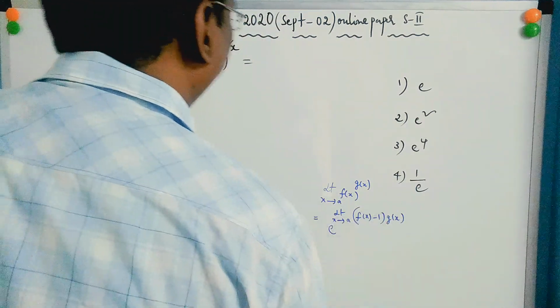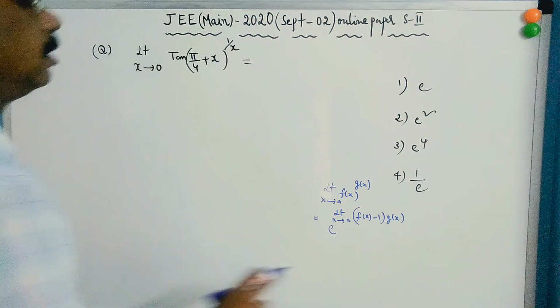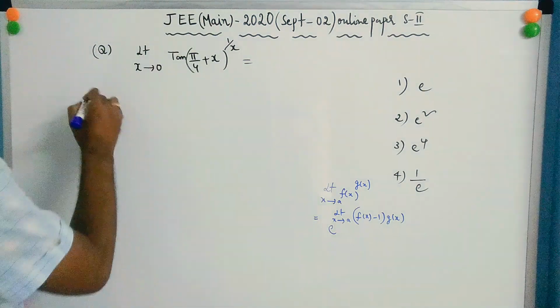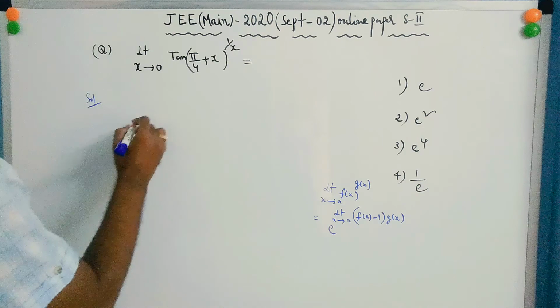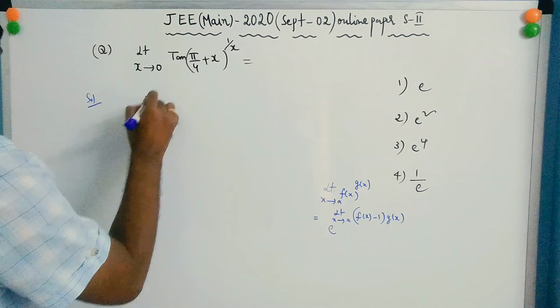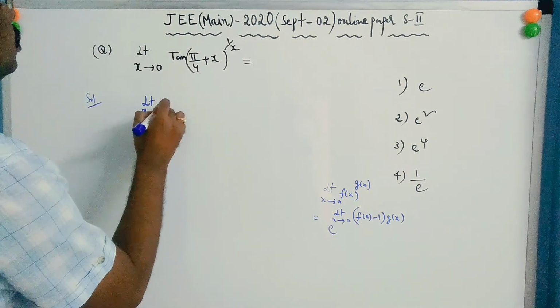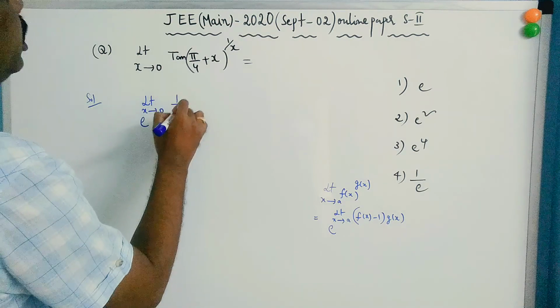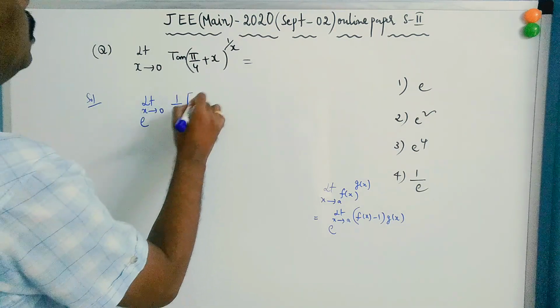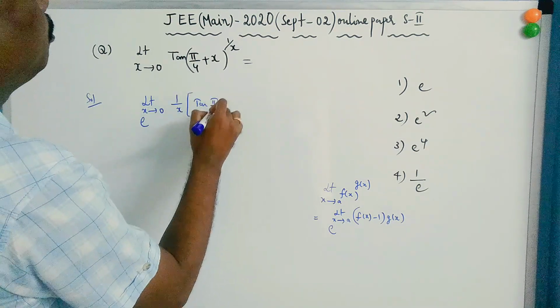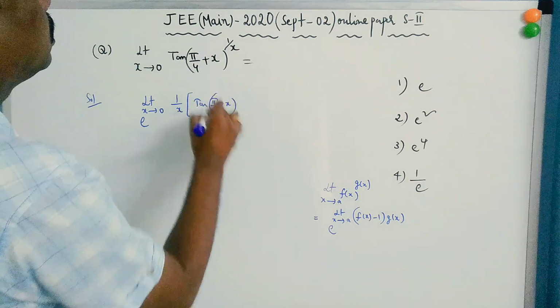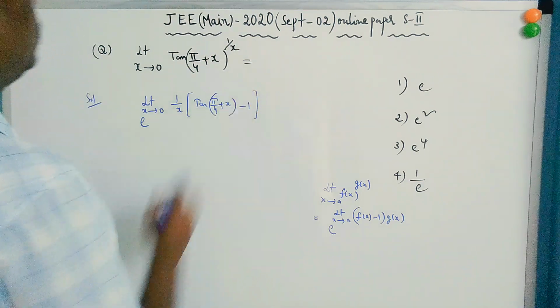Okay, now according to this, e power limit x tends to 0, 1 by x into tan of pi by 4 plus x minus 1.